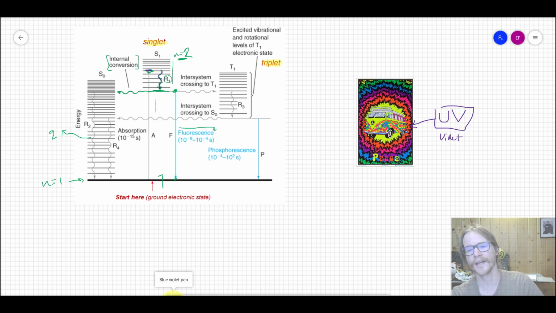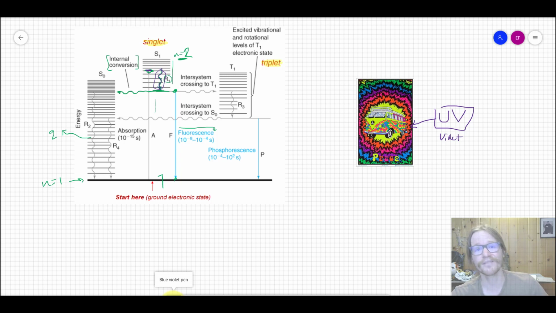And so you shine a high energy photon, which is violet, and what you get out of that are lower energy photons based on fluorescence. So fluorescence is always going to release a photon that is a lower energy or a longer wavelength than what you put in, simply because you've lost some energy to this step here. That's what fluorescence does.